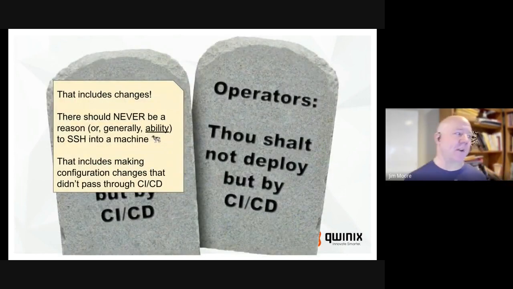All right, so again, operators, this means that thou shalt not do anything except by way of CI/CD. That includes configuration changes or anything else to the system. This means that there is no SSHing into machines.